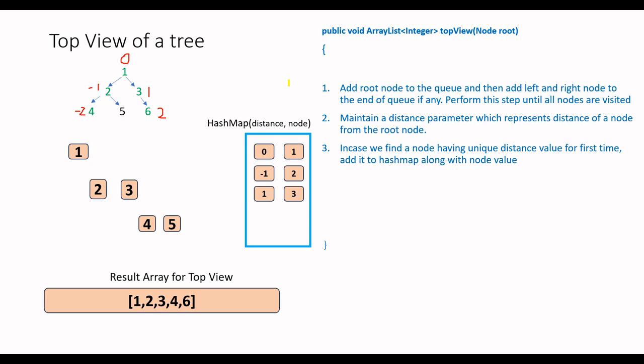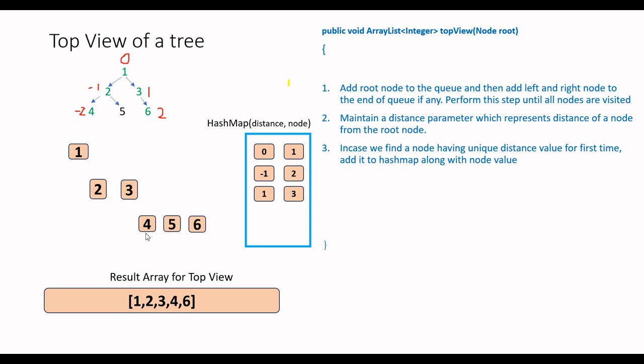And then we again check for the child nodes of 3, and since 3 has one child node, we'll add it to the end of the queue, and thereby complete the traversal for the second level. Now we start traversing the third level.